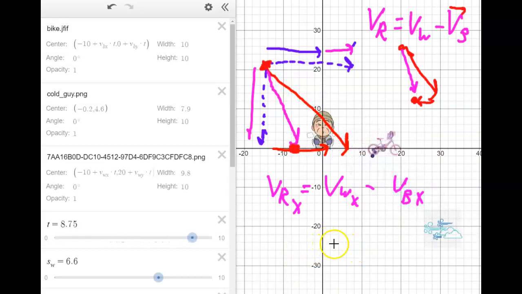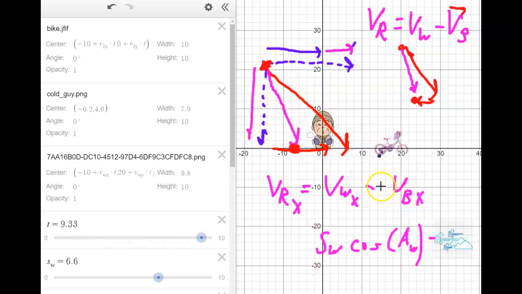So for us, that's going to be the speed of the wind cosine the angle of the wind, minus the negative, because we're going to reverse the direction. The easiest way to do that is to reverse the direction of the speed, then we don't have to mess with the angle. We could do the same angle but in the opposite direction.